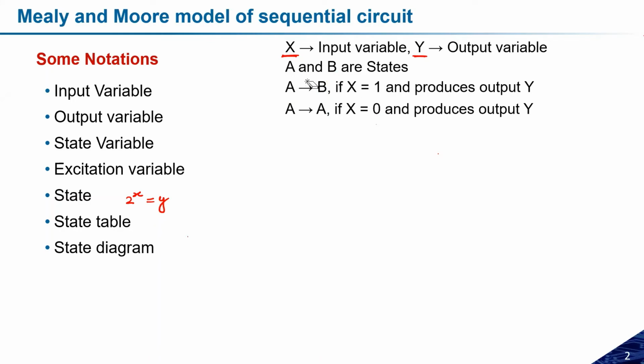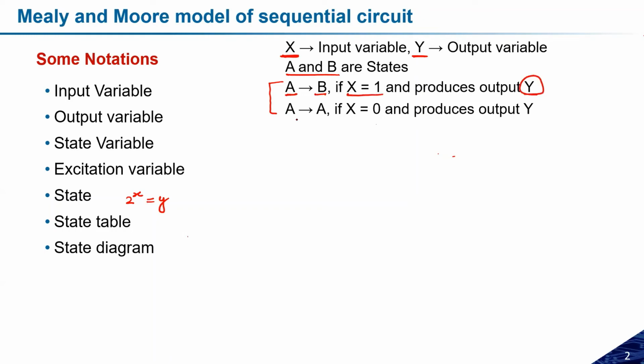To understand these things, we need input information, output information, and state information, and based on that, let us come up with some conditions. Condition number one: the state will change from A to B if x is equal to 1, and that will produce output y.